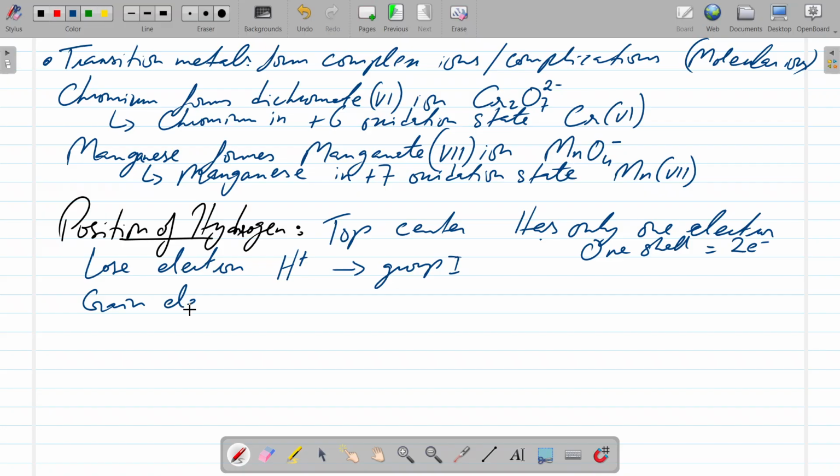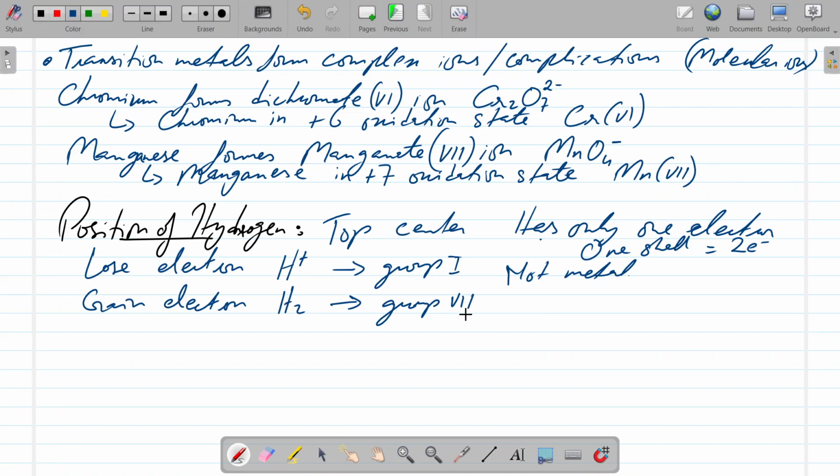That's basically what happens in the diatomic state of hydrogen gas, and that would put it in group 7. It is a gas, but it's not a metal.